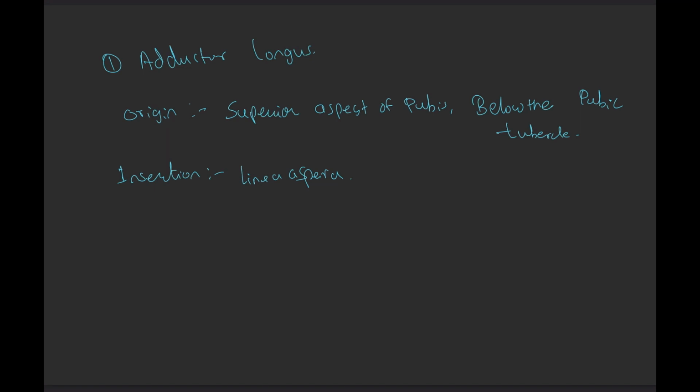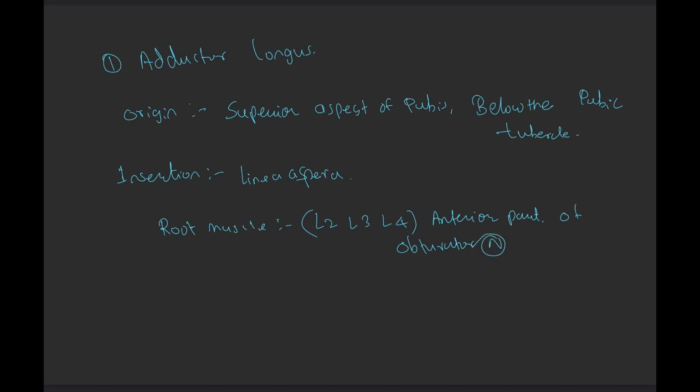The root value of the innervation is L2, L3, L4, anterior part of the obturator nerve.